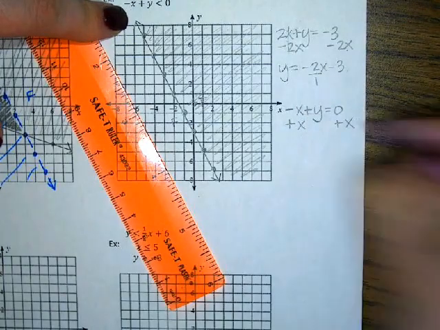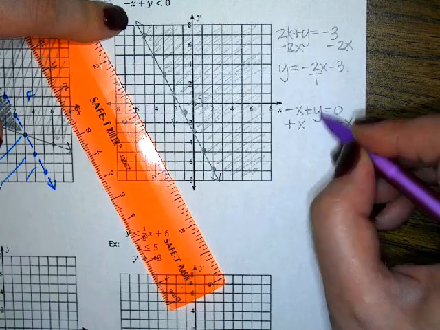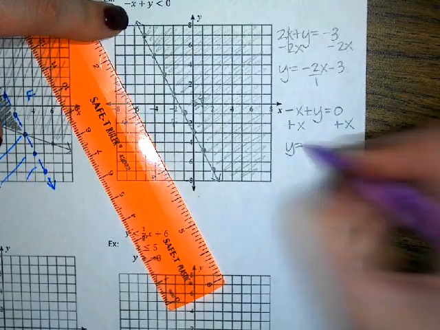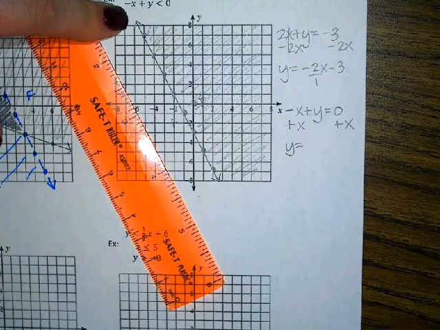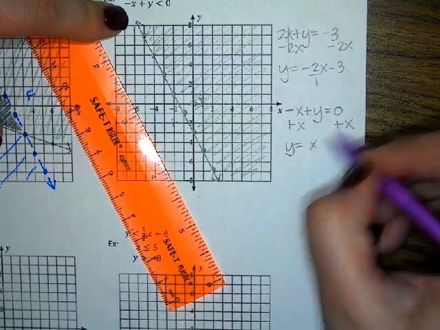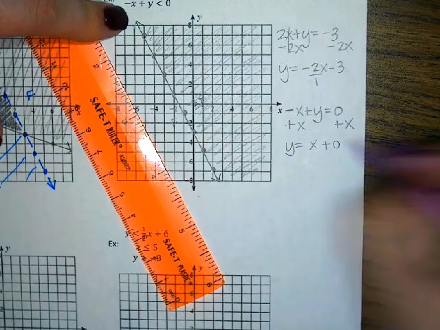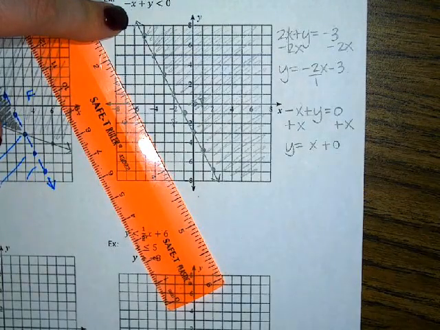So I've got my y all alone. And then which of these should I write first? The x. So I've got a positive x, and then I'm going to put the 0. What number is in front of the x? A 1. How do I write a 1 as a fraction? Put it over a 1.